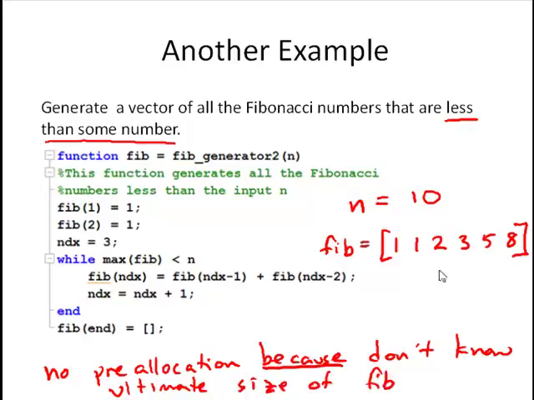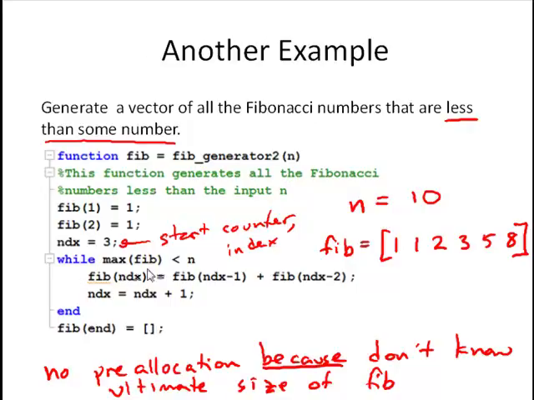We're just going to keep generating Fibonacci numbers until they get greater than that input n. So we just generate the first two numbers, and then here we'll start the counter. In this case, this counter is also going to keep track of our position, our index, inside the fib vector.